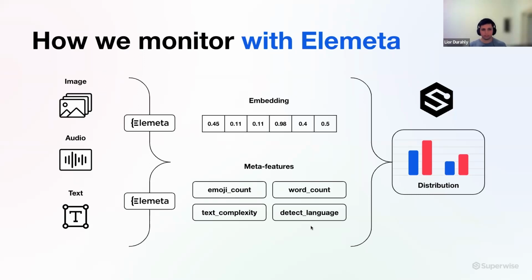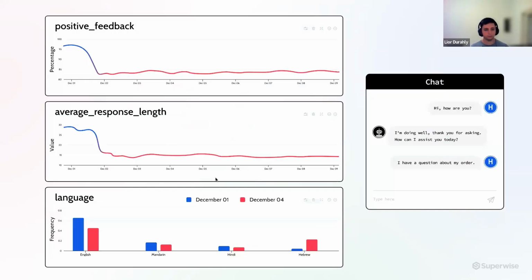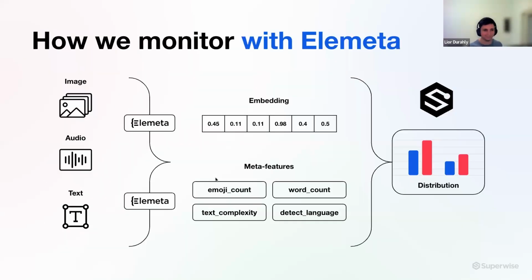Okay, so now let's talk about how we can use Elemeta to monitor our models. So we have a spoiler. We have our unstructured data models, and we can use Elemeta to start enriching them. And after it enriched the data, it's sending it to our monitoring system.